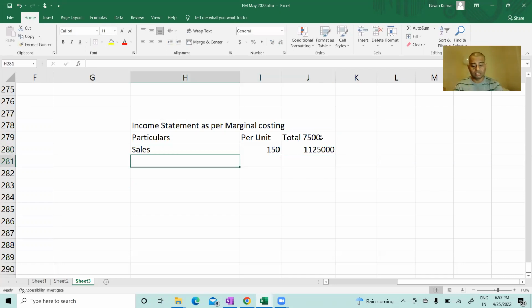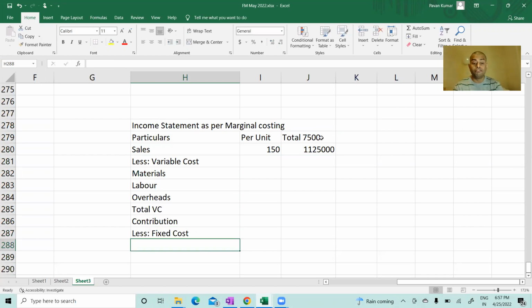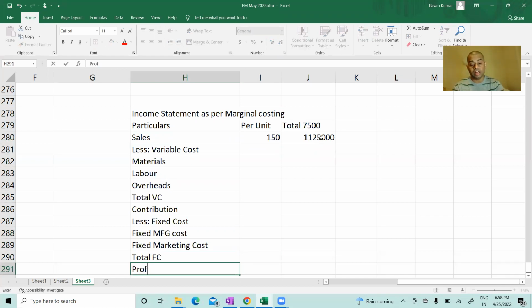This is your present sales, less variable cost: materials, labor, overheads. Total variable cost, then contribution. Less fixed cost, fixed manufacturing cost, fixed marketing cost. Then profit. You can write total fixed cost also here. Then you can write profit.